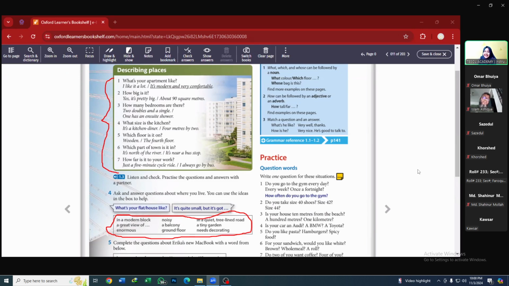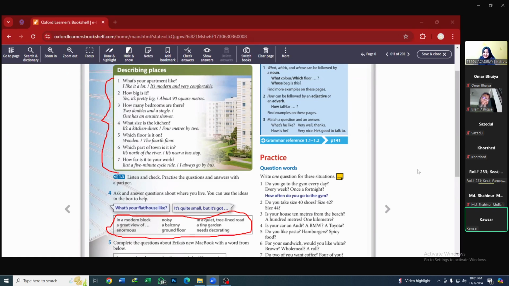Very good. Next. What size is the kitchen? It's 4 meters by 4. Okay, it's 4 by 4. Good. Which floor is it on? It is on the 7th floor.